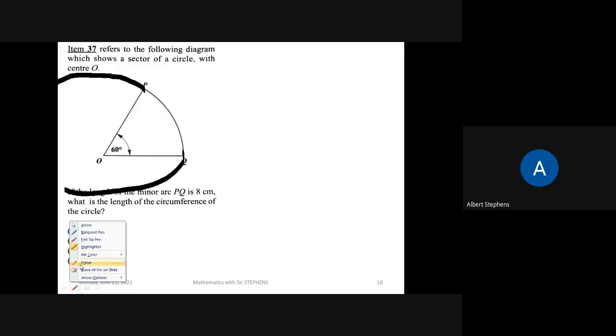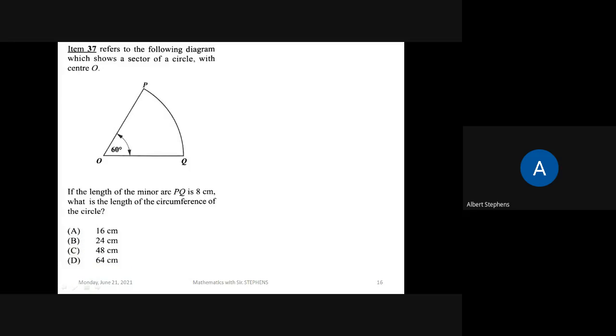So you have a circle around it, right? If the length of the minor arc is 8, what they're saying is that this piece here is 8. What's the length of the entire circle? That's what they're asking.